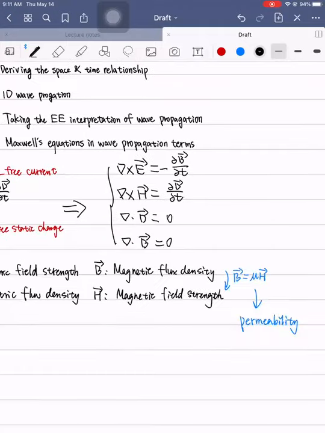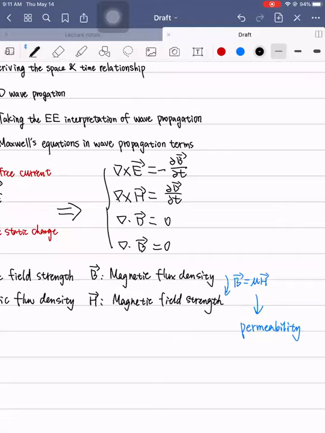And the first two can qualitatively describe how the electromagnetic field propagates. The dynamic magnetic field will generate the electric field, and the time varying electric field will generate the magnetic field in turn. Just use your imagination.